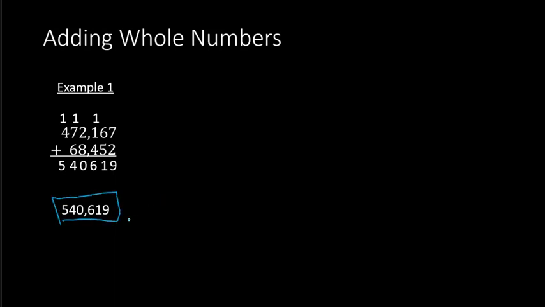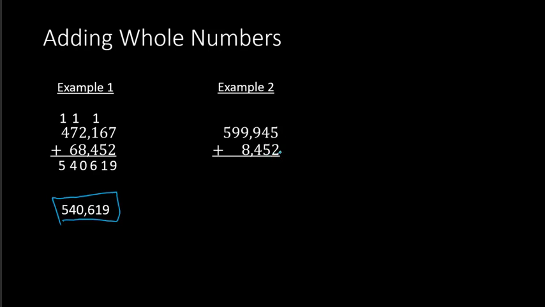Now let's try another example and see if you can do this one on your own. So if you need to, you can pause the video and then unpause it when you're ready to check your answer. So example 2, we are adding 599,945 with 8,452. So again, to add this, first off, make sure that everything is lined up, which in this case, everything is already.